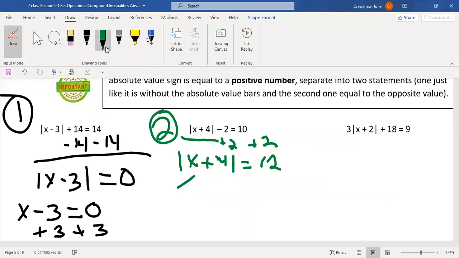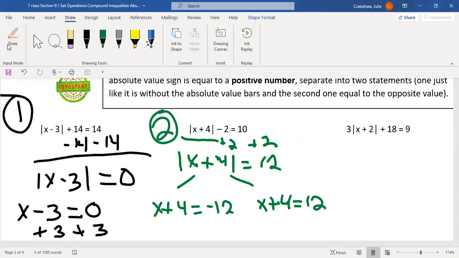So I'm going to separate that into two different equations. I know the inside could equal a -12, or the inside could equal a positive 12, because both -12 and positive 12 are 12 units away from 0. So now I have two separate equations that I have to solve.